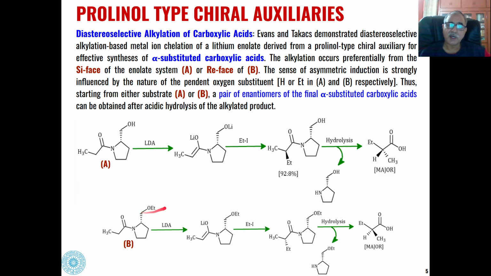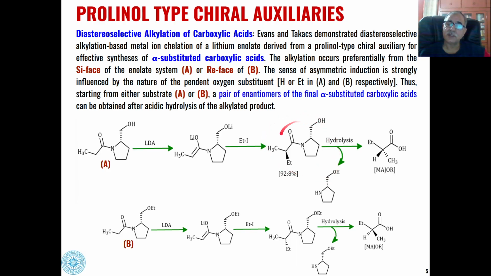Whereas if we have a substituted prolinol, where this hydrogen is replaced by an alkyl group, then generally the Re face of the enolate undergoes alkylation reaction. So that means depending upon the substitution at this oxygen moiety, we can have a different enantiomer of the carboxylic acid formed after the alkylation reaction.